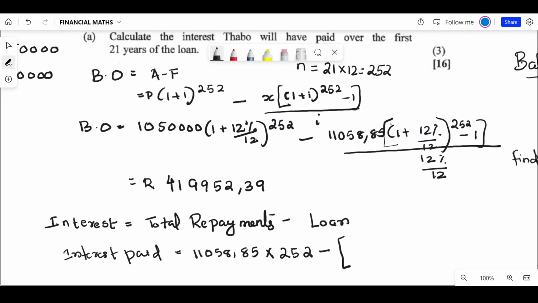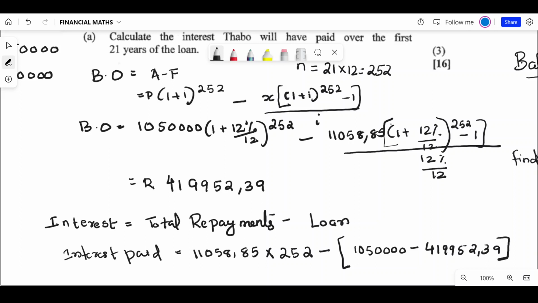So the loan is not 1,050,000 because you didn't pay it in full. Because you didn't use the full 25 years, this is how you find the loan paid. That is 1,050,000 minus the outstanding balance. This is still remaining. This is the outstanding balance.